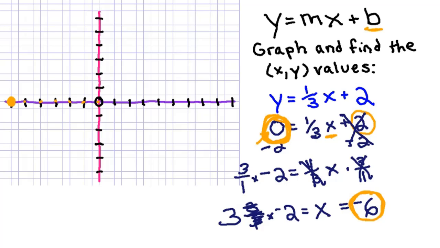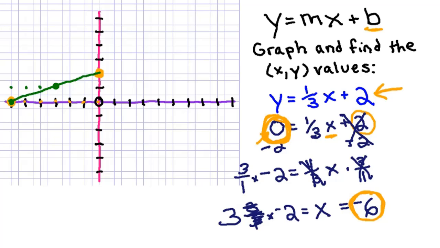And if you go back to the original equation, we have our b value, our y-intercept, which is a positive 2. So when x is 0, y is positive 2. That's where the line crosses the y-axis, at positive 2. If we draw a line from these two dots, we should end up getting the slope of 1 over 3. So let's look. We start at this beginning dot and go up 1 and over 3. 1, 2, 3.